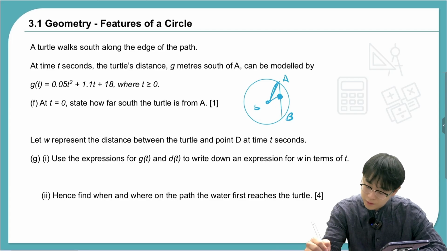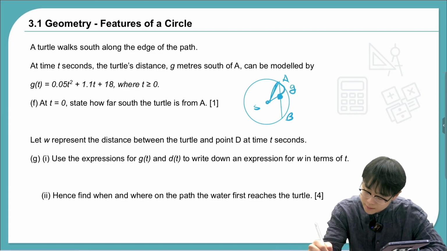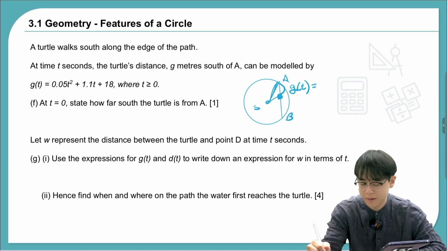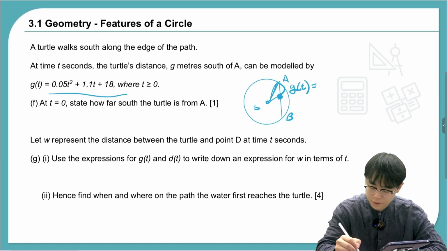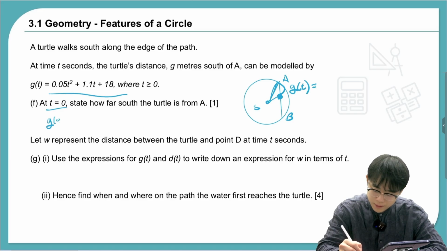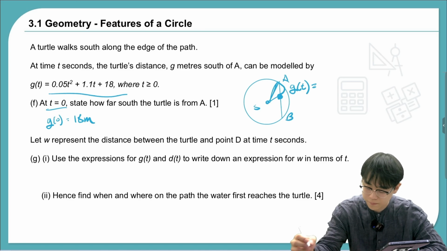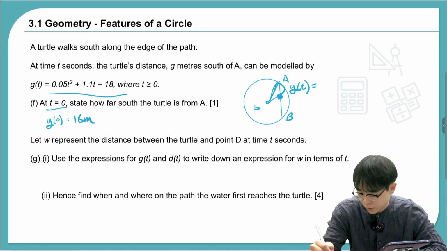And if we were to say this is the distance of the turtle after time t, this is the expression here, right? So first things first, at t equals 0, the turtle will be at g(0), which is just 18 meters from A. Okay, so I guess the turtle just starts at the 18-meter mark.